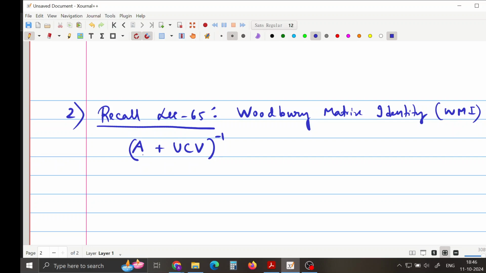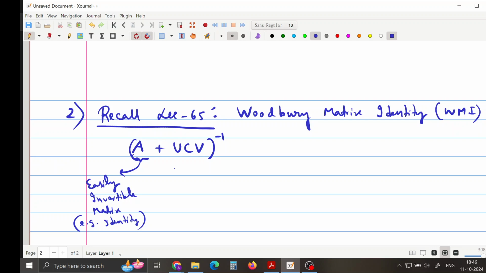So this WMI technique is helpful when A is an easily invertible matrix. For example, the identity, because we know the inverse of identity is identity itself.